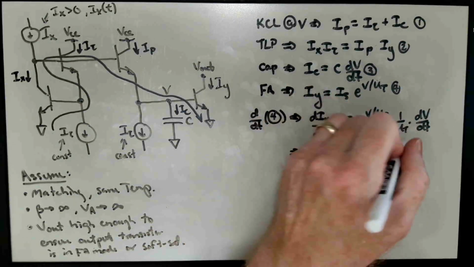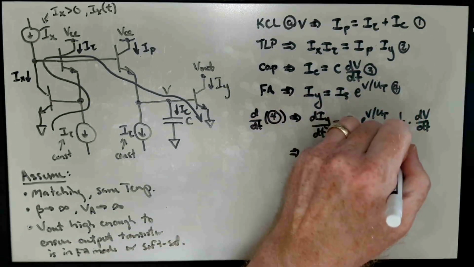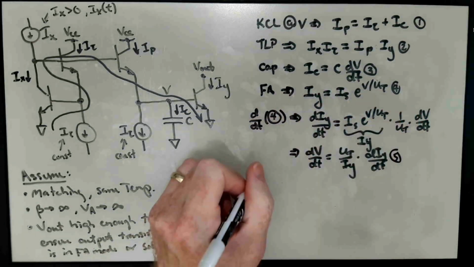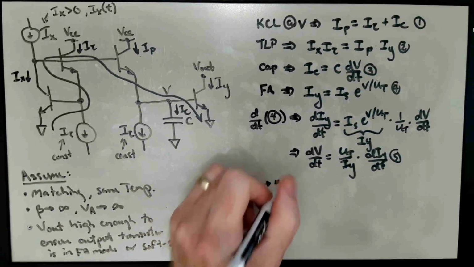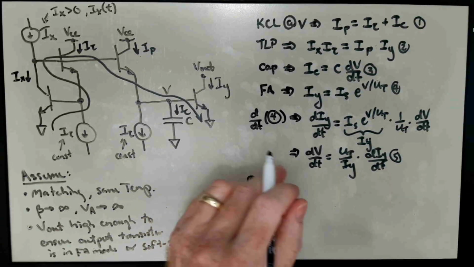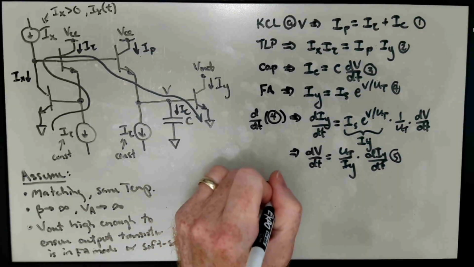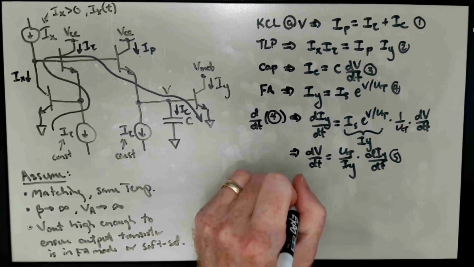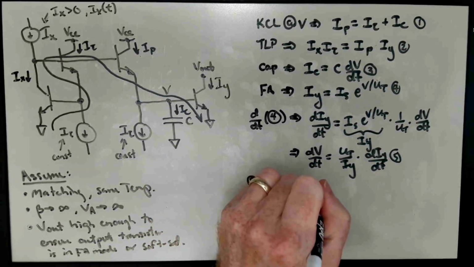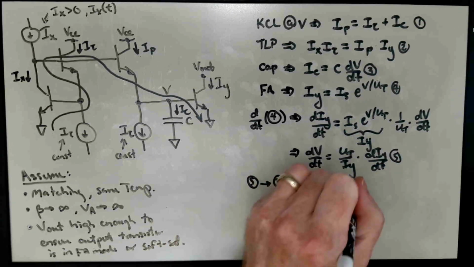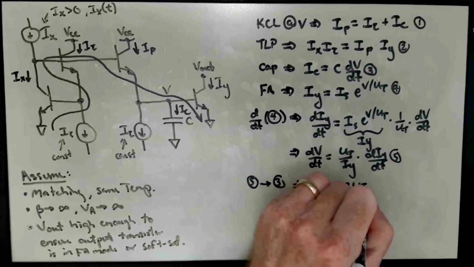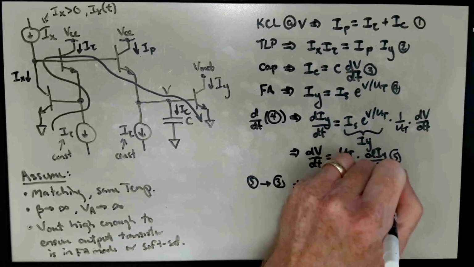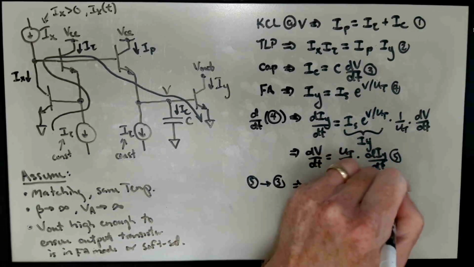So let's call it that, equation 5. So 5 into 3 gives us that IC equals C UT over IY times dIY dt.